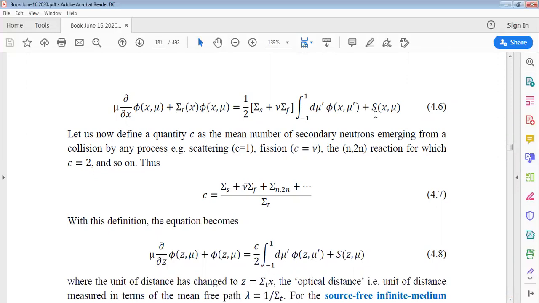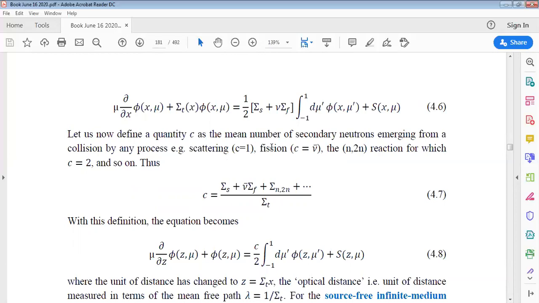Now we define a quantity c as the mean number of secondary neutrons emerging from a collision by any process. If there is no fission and no n,2n, then all these terms go to 0, and you can see that c just becomes a scattering probability, sigma S over sigma T. So when this is divided by that, it becomes a probability, and in this case c is 1.